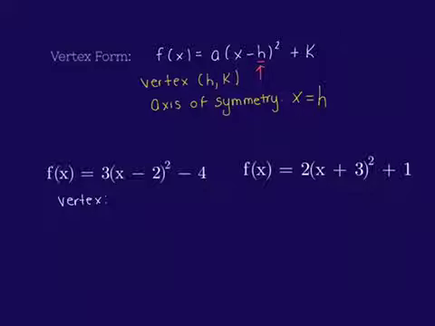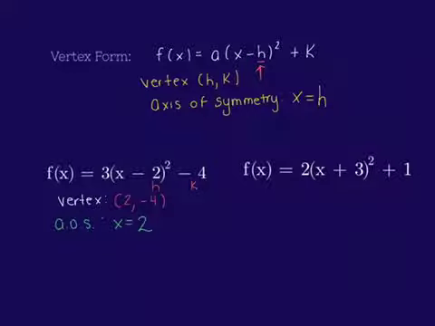So here's h and here's k. So h is 2, and then k is -4. So the vertex is at 2, -4. And then the axis of symmetry will be at x equals 2.